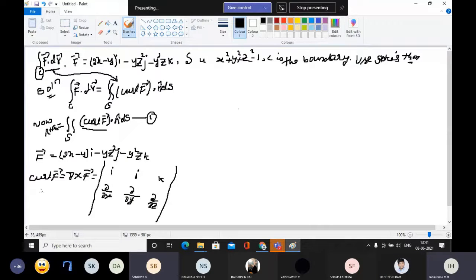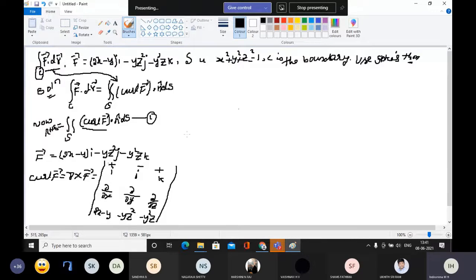What is the third row? The coefficients of i, j, k of vector f: 2x minus y, minus yz square, minus y square z. Next we have to find the third order determinant, taking plus, minus, plus for the first row.